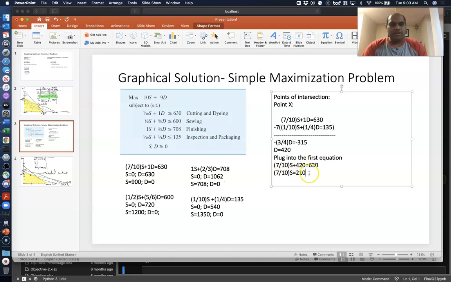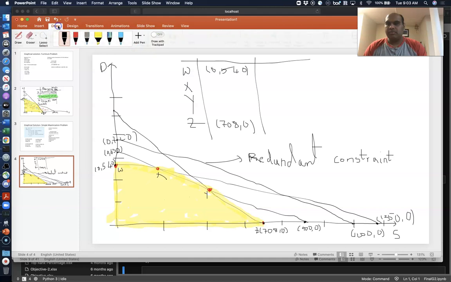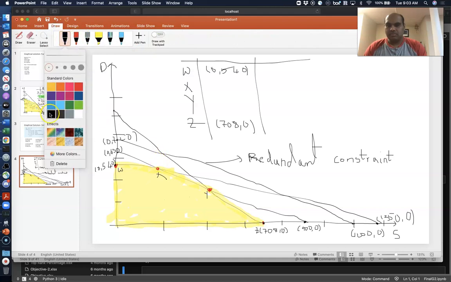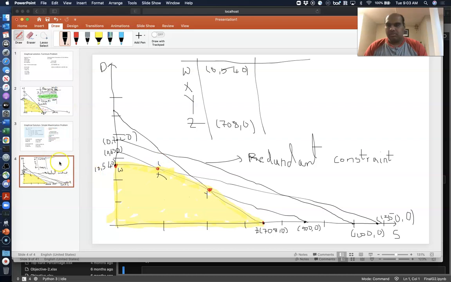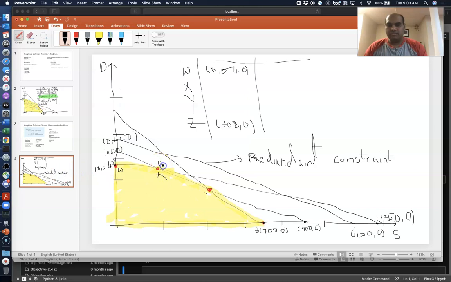I multiply by 10 on both sides and divide by 7 on both sides. That gives me s is equal to 2100 divided by 7, which is 300. So this point is s is 300, d is 420, right here. So 300 comma 420, that's the point X.